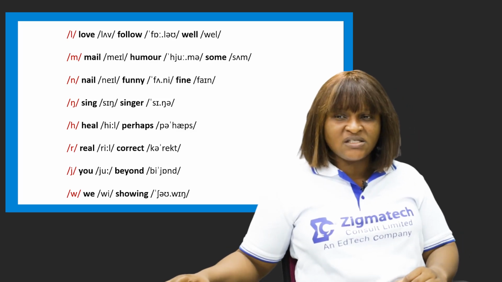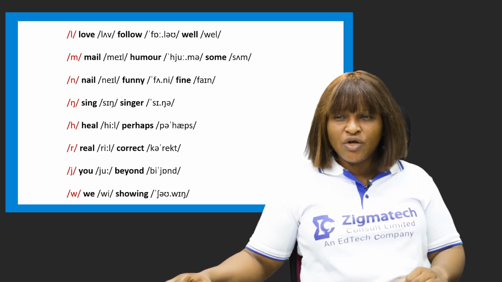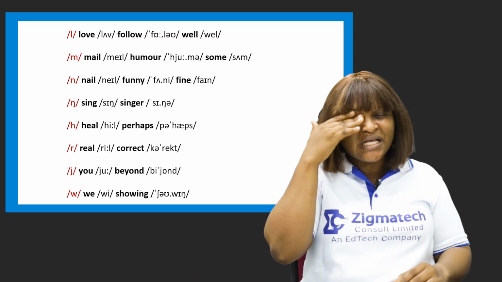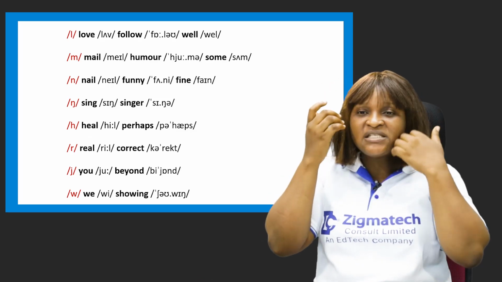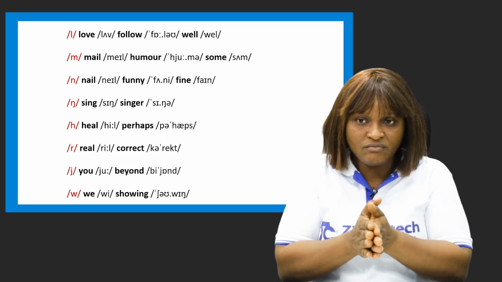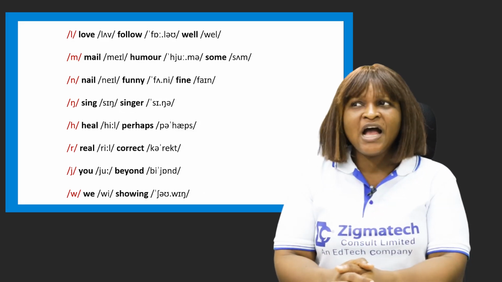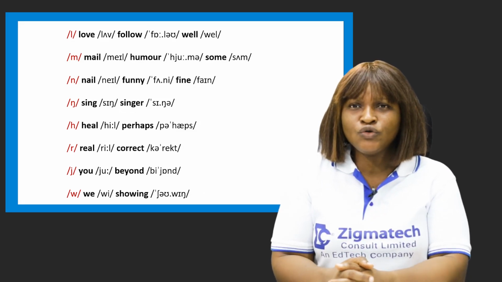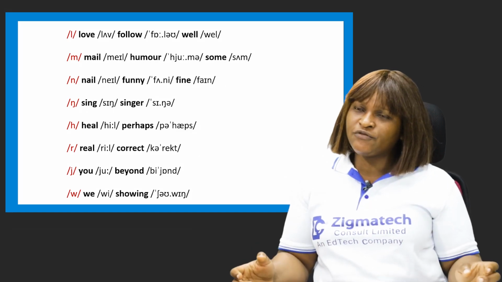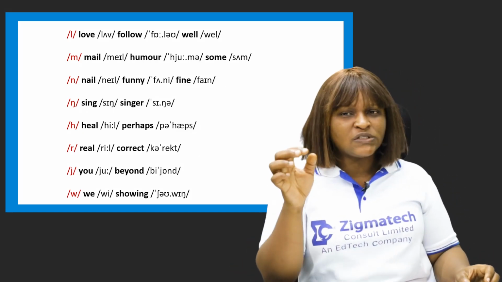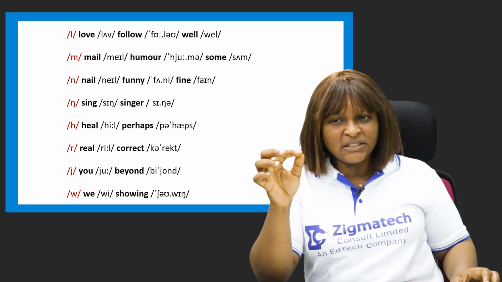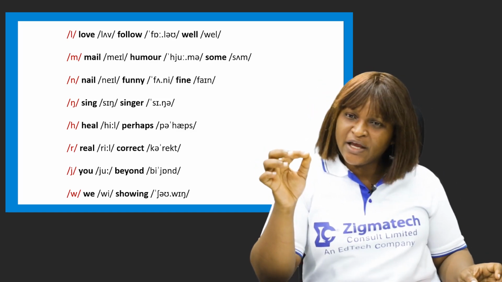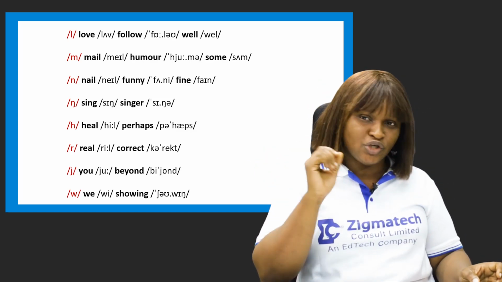So you have the he sound, you have heel, you have perhaps. Now I want to clear something on the he sound. That's the letter H. Now I hear some people use certain articles for letter H, possibly because the letter H is visible and they feel it's the article A that ought to be used.